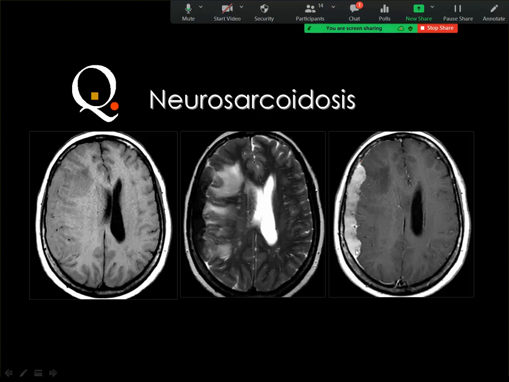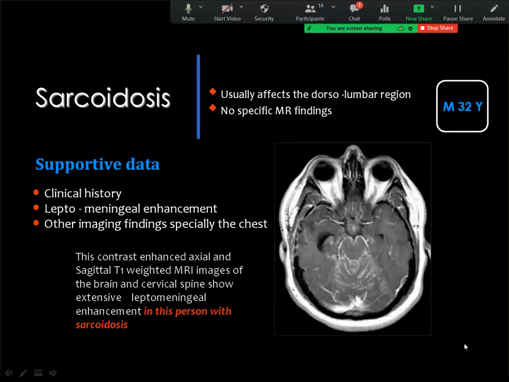You remember in the CNS infection, I have said that one of the differential diagnoses of sarcoid is meningioma, and actually meningioma do not produce very dark signal in the T2 weighted images. The supportive signs for the diagnosis of sarcoid is the clinical history, leptomeningeal enhancement, and other organ affection, especially in the chest, because more than 90% of the patients with neurosarcoidosis have chest findings.